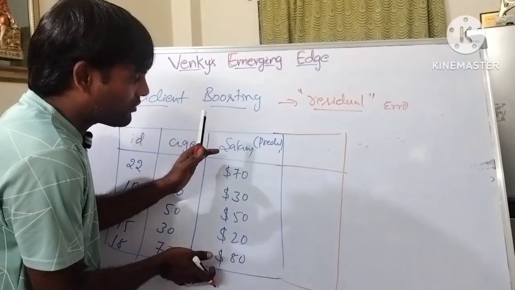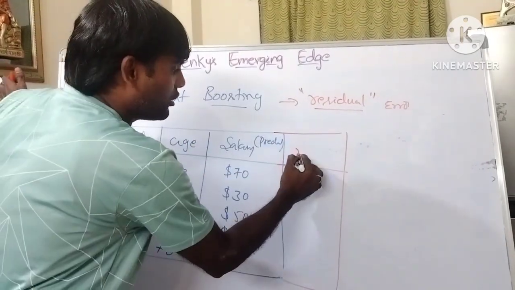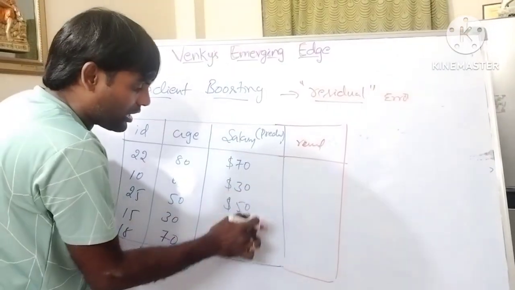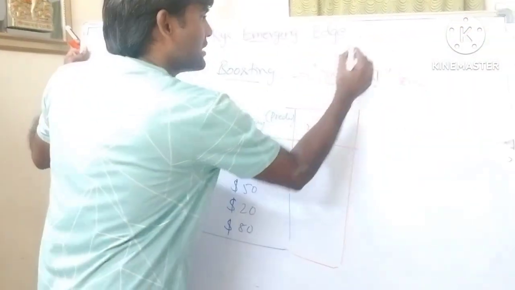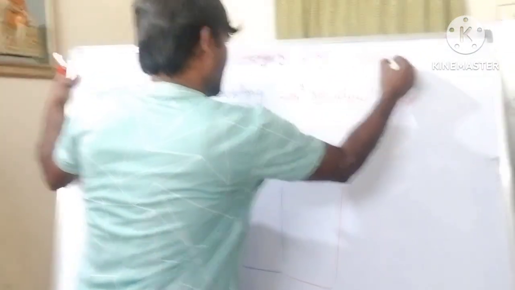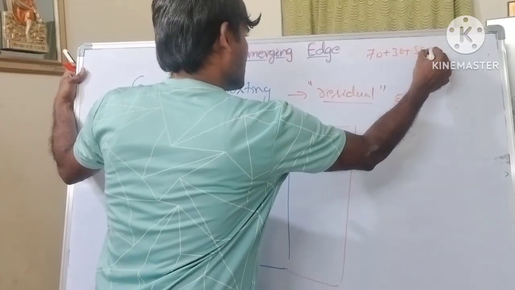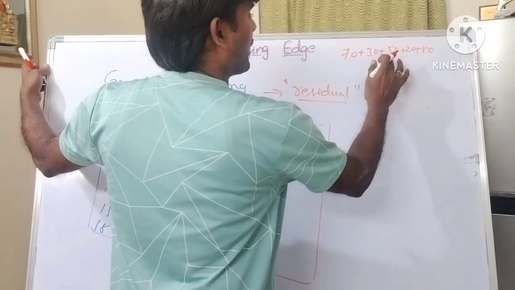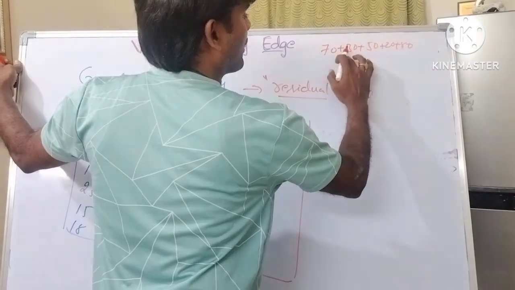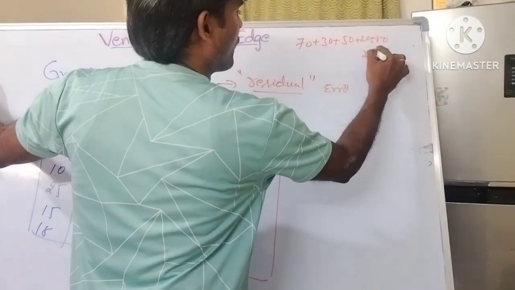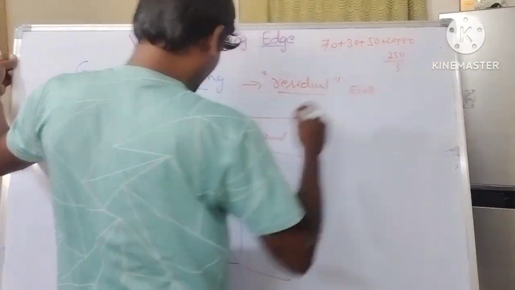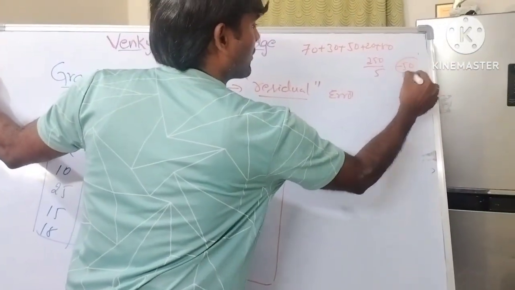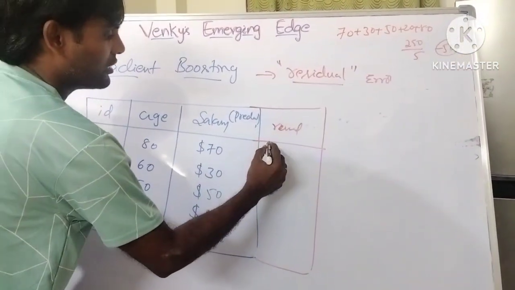How can we find the residual value? We sum up all the values: 70 plus 30 plus 50 plus 20 plus 80. What is the value? 100 and 100, 200, 250. 250 divided by 5, the total is 5, right? So the average is 50. Is it clear? So here we take 50.